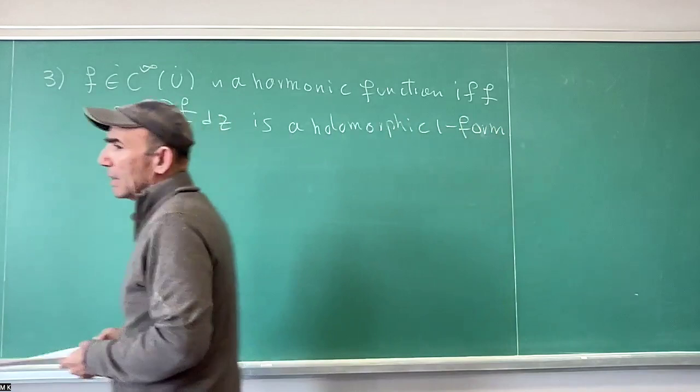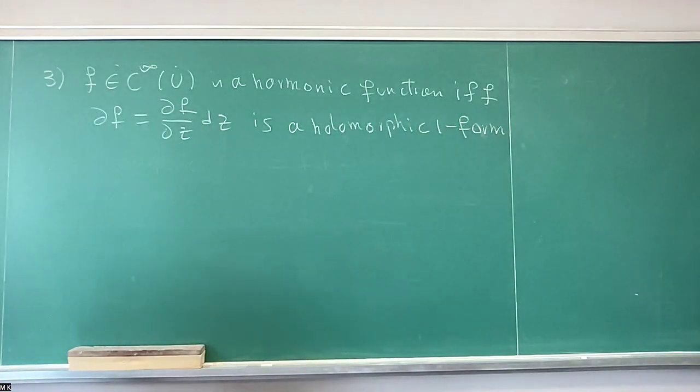Again, it's a simple little exercise just to help us practice a little bit of this yoga or gymnastics of dz, dz bar. At first it's a bit confusing, but the confusion will very soon disappear.